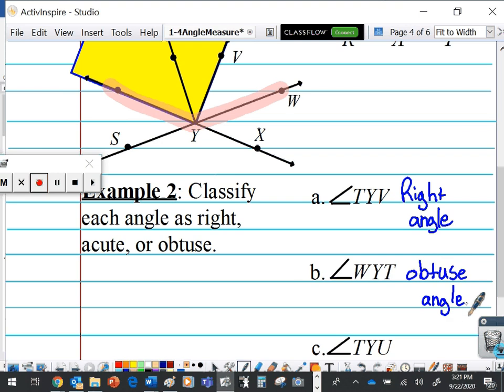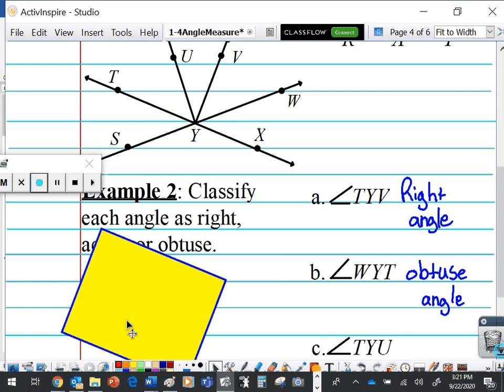And then lastly, we want to look at angle TYU. And angle TYU is this guy. Oop, that's TYV. Sorry, I got this in my way, can't see it. There we go. TYU will be this angle. So we're going to start the exact same way.